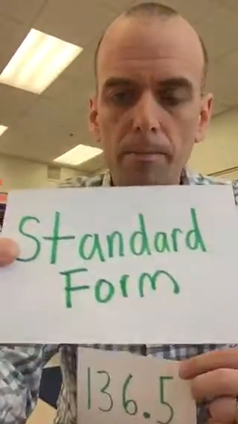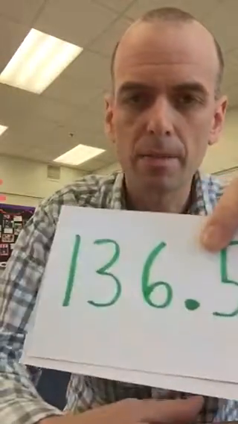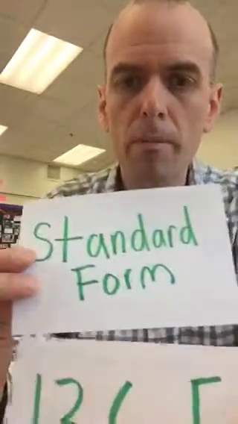All right, let's look at it one more time. So standard form, look at this number. This would be a number in standard form, 136.5, or 136 and 5/10. Okay, just written normally. Standard form is usual, is normal.